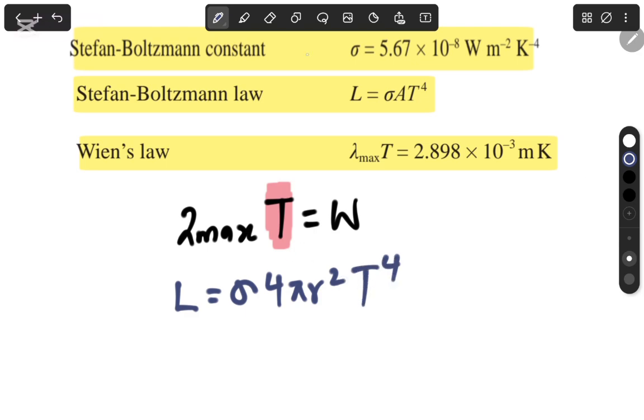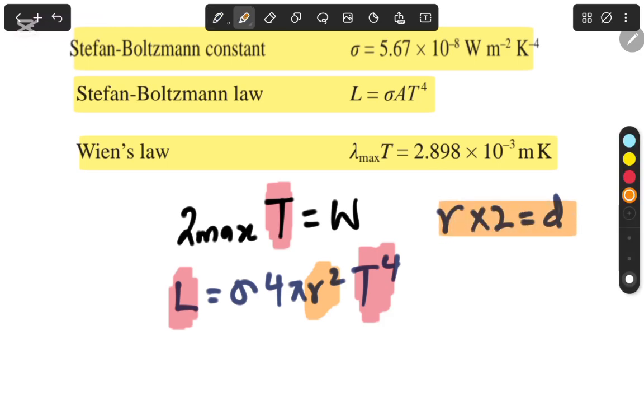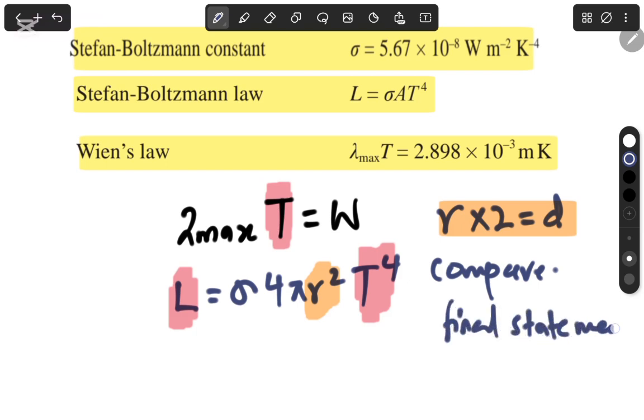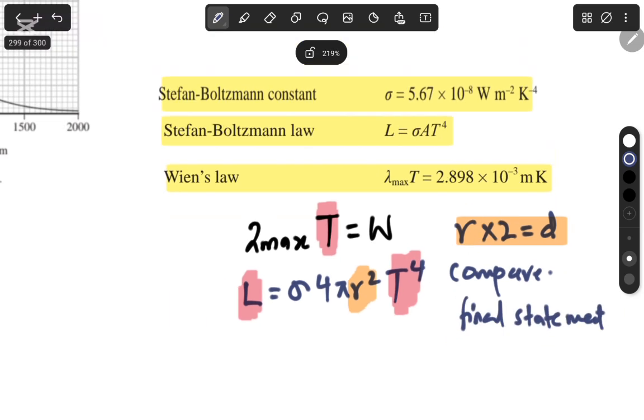I'm going to know temperature already, and I know the luminosity, so all I have to find now is the radius. Then I'm going to multiply the radius by 2 to get the diameter, and compare it with the diameter of the Sun. Then I'm going to get my final statement. So that's the operation that we're going to do.